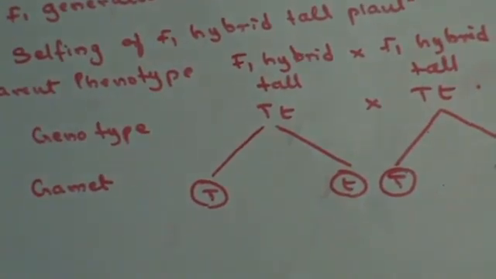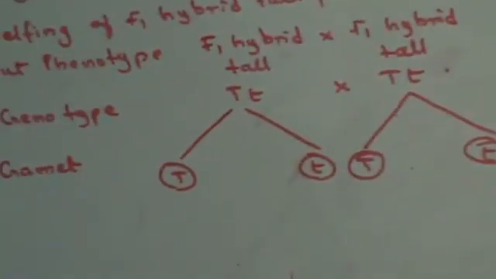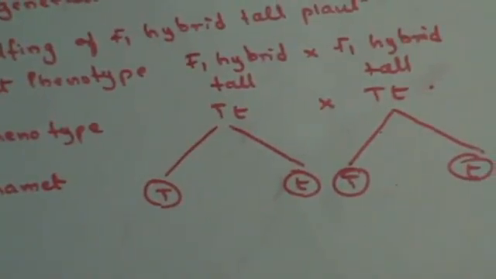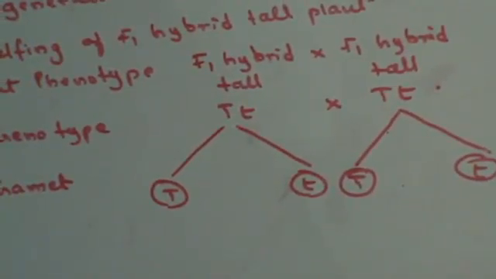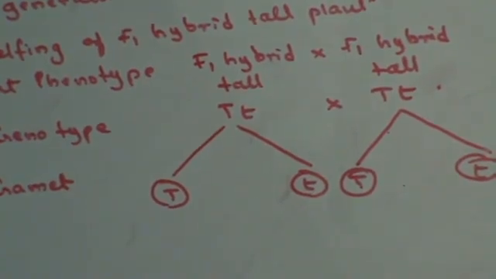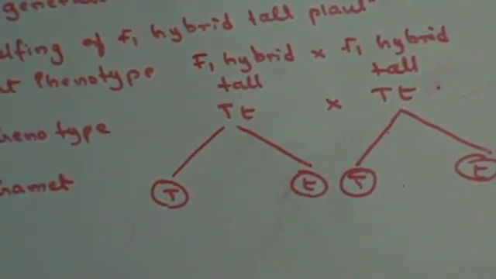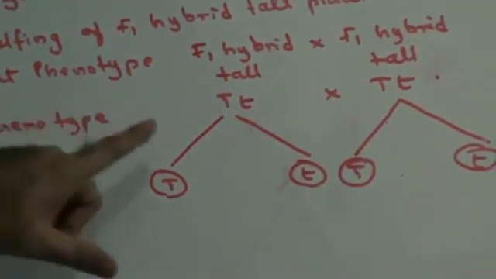And that is what is your law of segregation. Law of segregation states that members of the allelic pair remain together without mixing with each other and separate or segregate during gamete formation. Thus, gametes receive only one of the two factors.